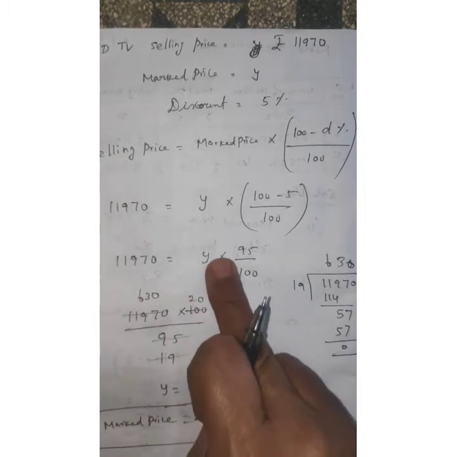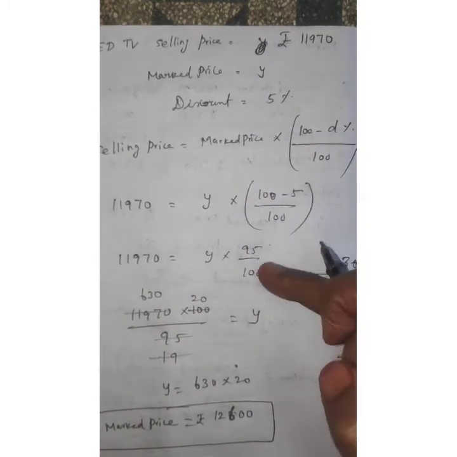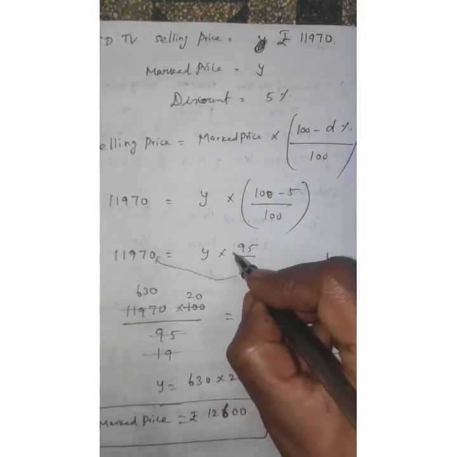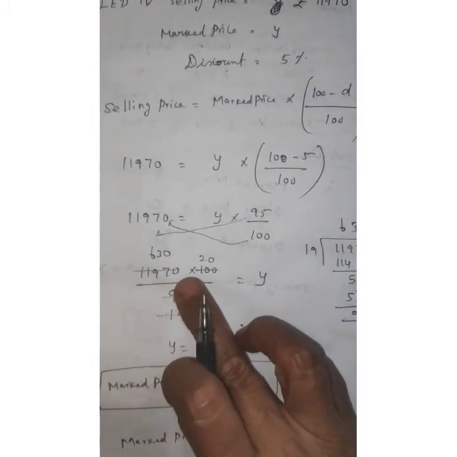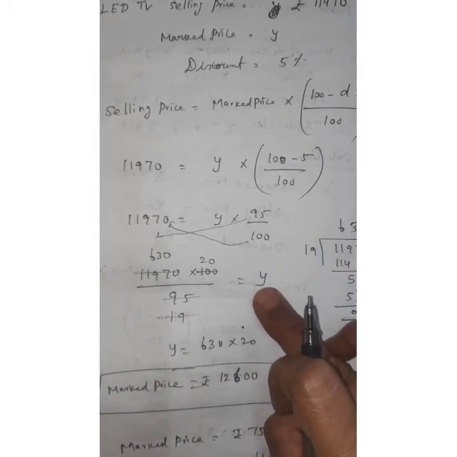11,970 equals y into 100 minus 5, equals 95 divided by 100. Now do the cross multiplication: this 95 divided by goes across. So 11,970 into 100 divided by 95 equals y. Cancel the number.